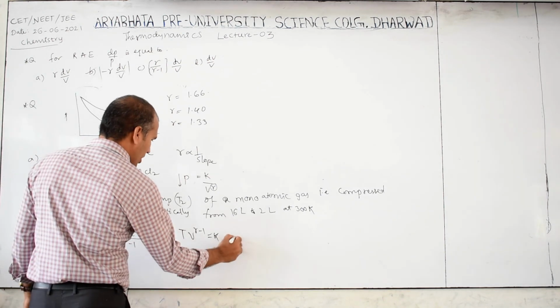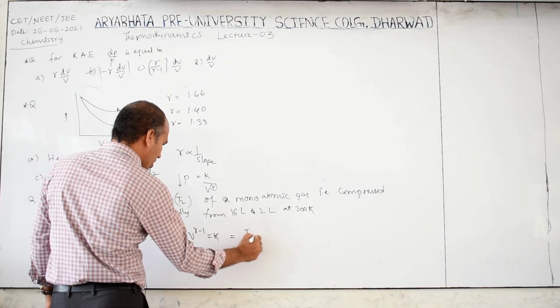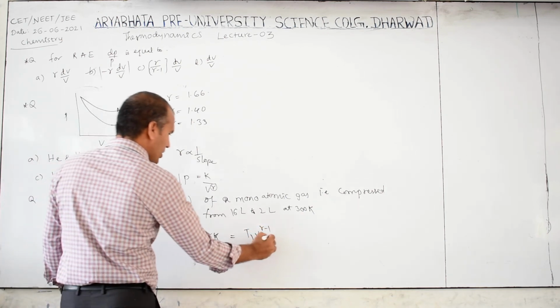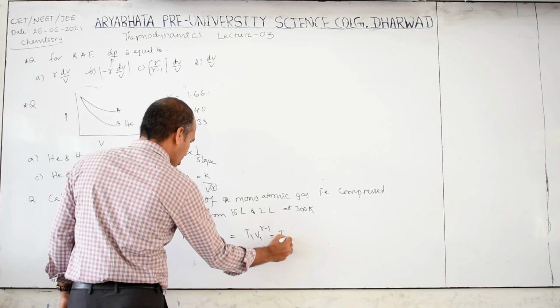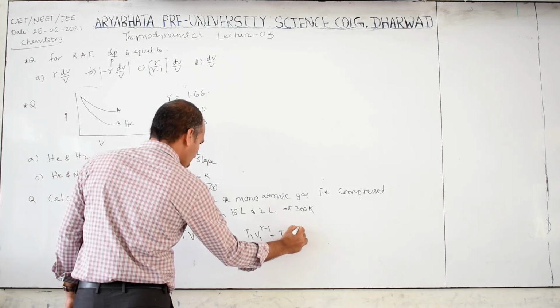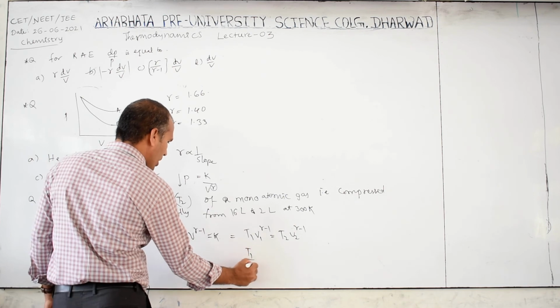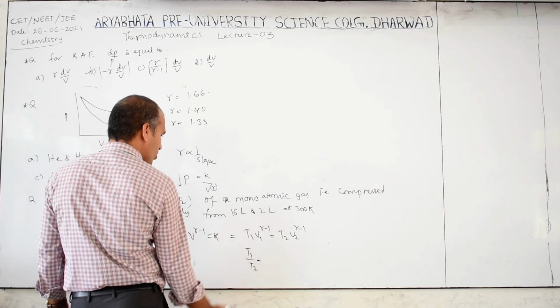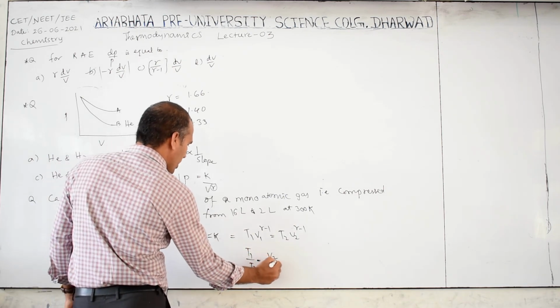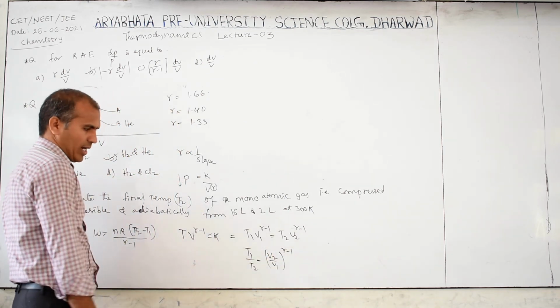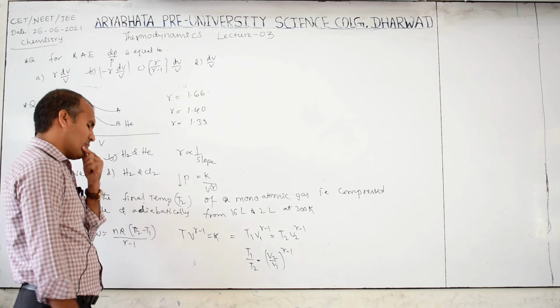So this can be represented as T1 V1 power gamma minus 1 equals T2 V2 power gamma minus 1. Therefore T1 by T2 is equal to V2 by V1 whole power gamma minus 1. Like this we can write based on this formula.